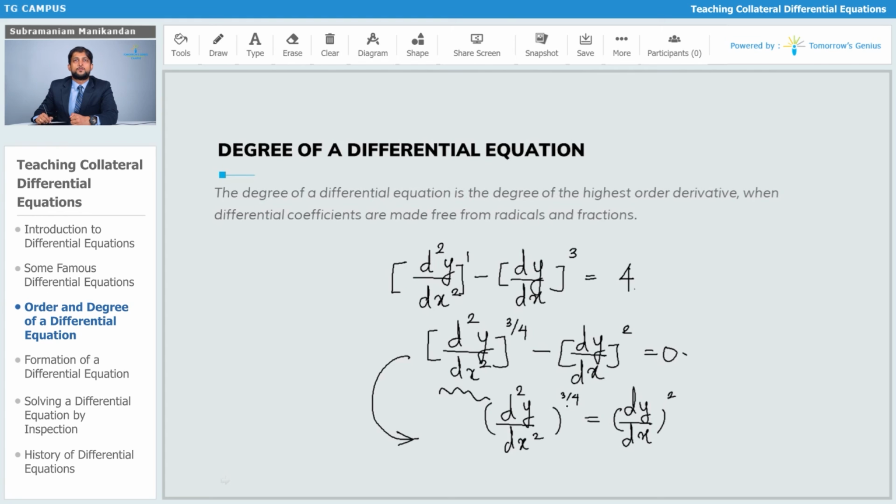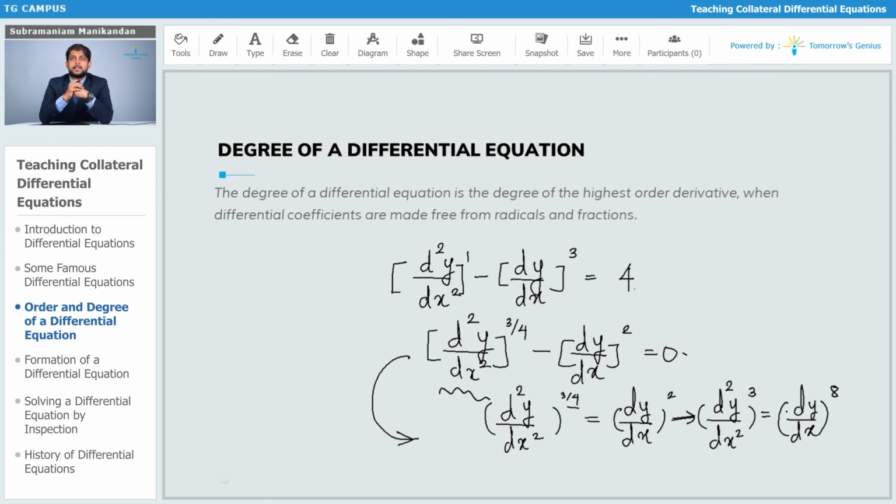Now, in order to remove 4 from the denominator of the exponent, we have to raise both sides of this equation to the power 4. So with that, we get d square y by dx square cubed is equal to dy by dx to the power of 8.